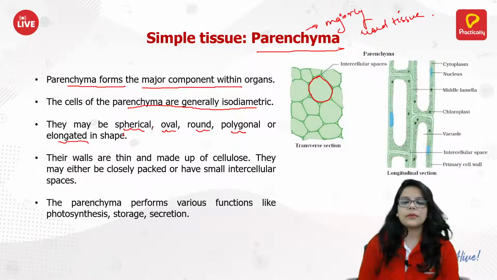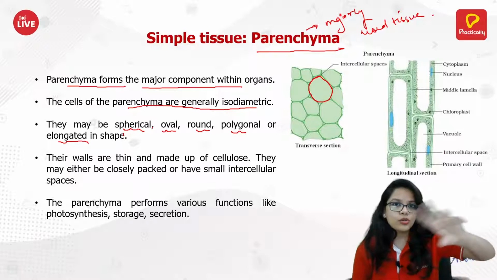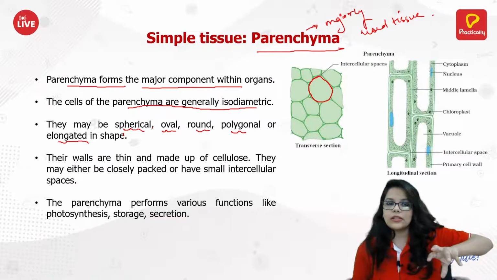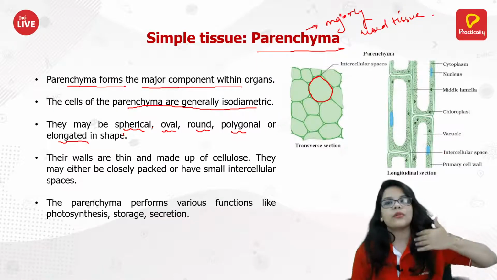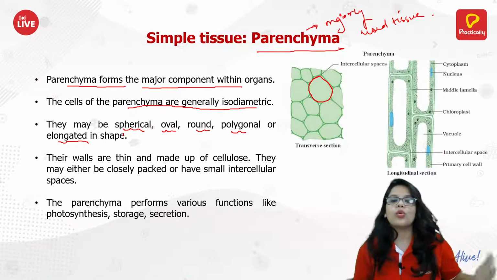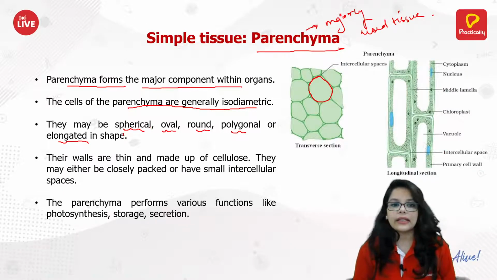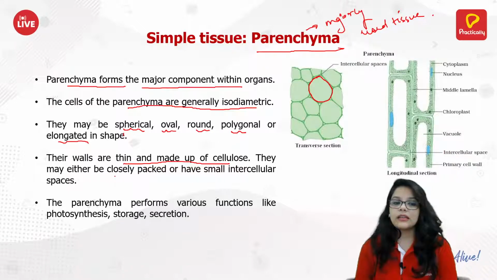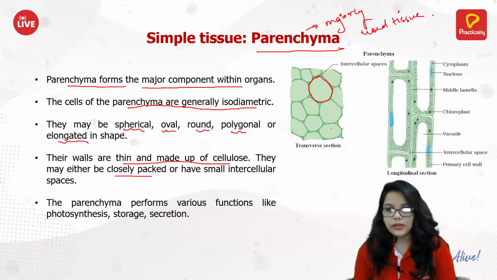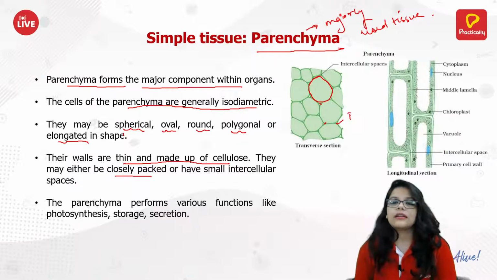Any kind of shape they might take. All cells in the tissue will be similar, but these cells can be of any shape. They are thin and made up of cellulose. They may either be closely packed or have small intercellular spaces. Here, see, they're very closely packed and very little intercellular spaces might be there.